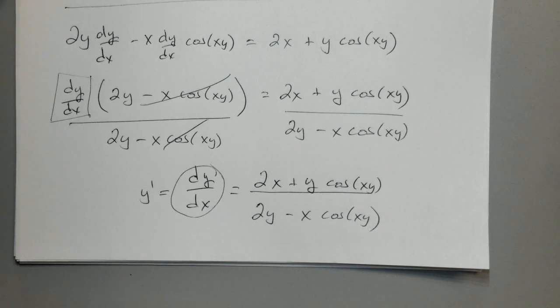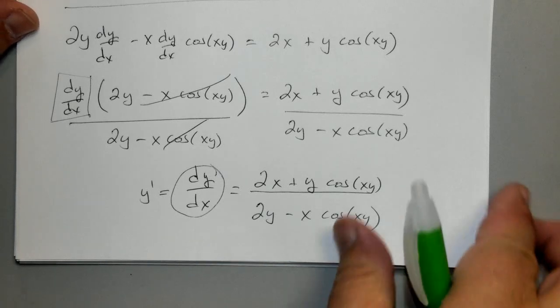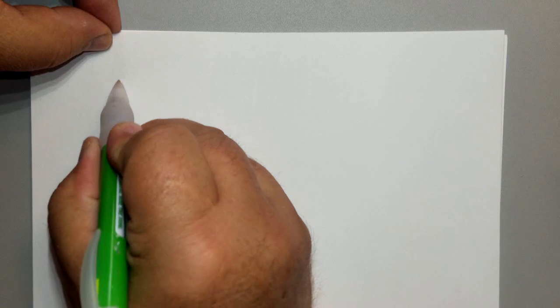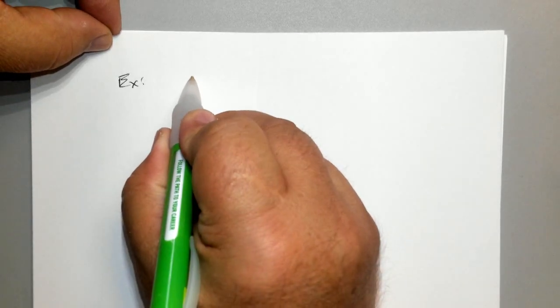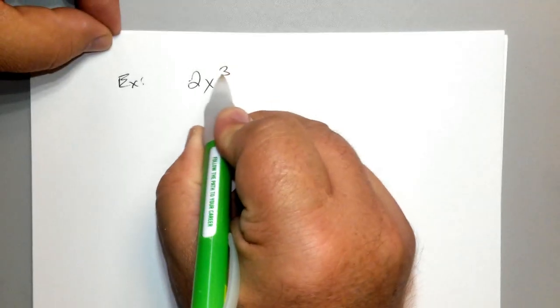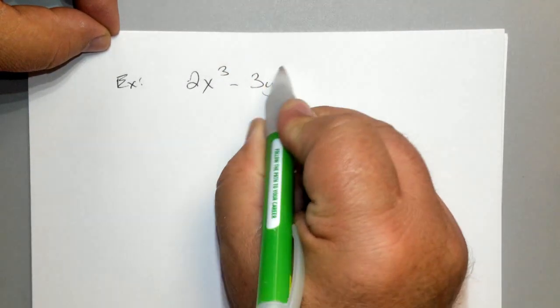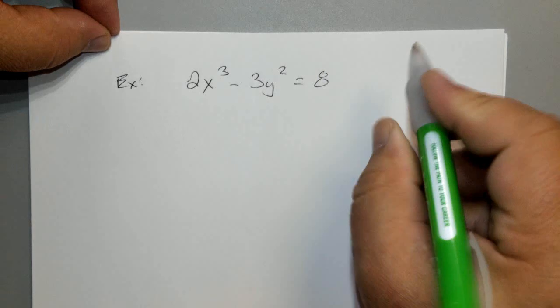We got a couple more, so don't worry about it. Let me see. Which one I'm going to use next. Zzz. 2x cubed minus 3y squared equals 8.